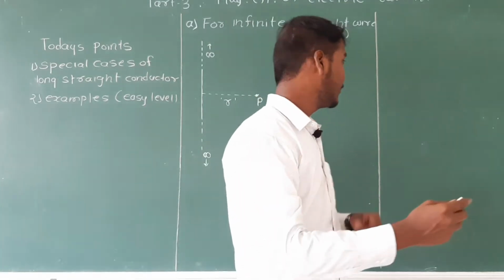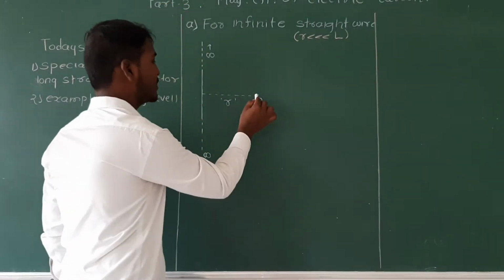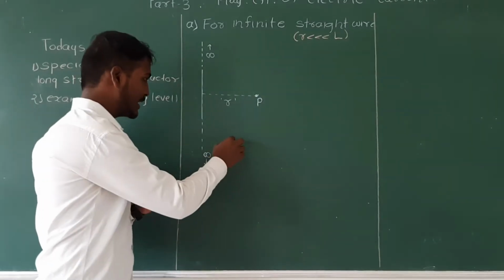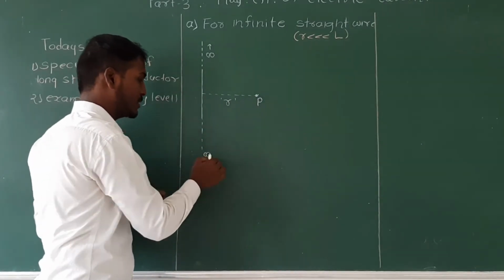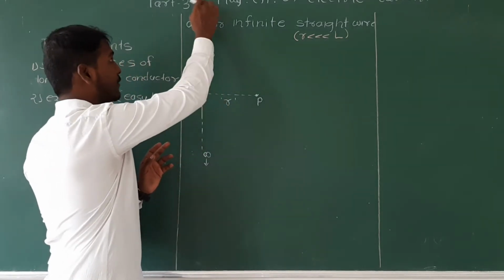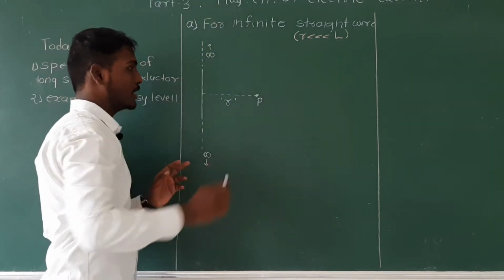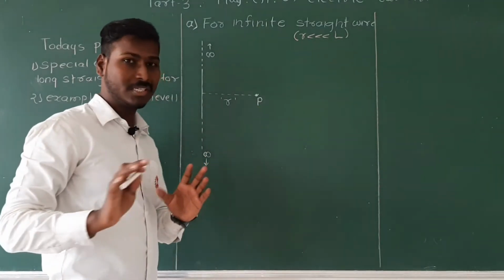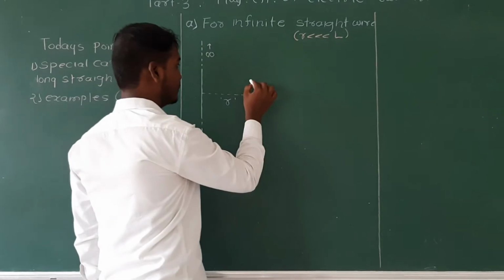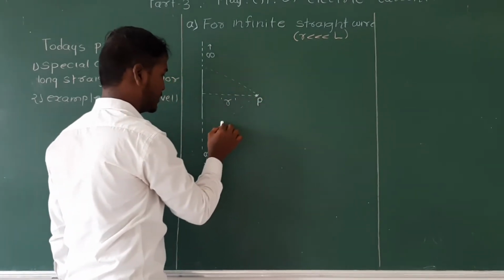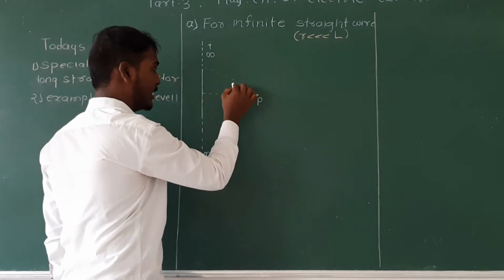So see carefully. Now the point P is here. We have taken this angle here. If I draw it like this, this angle is alpha, here this angle was beta, and after this the angle was pi minus beta. You know all these things. And here we took theta 1 and theta 2. If I draw the diagram like this, here we will have theta 1.